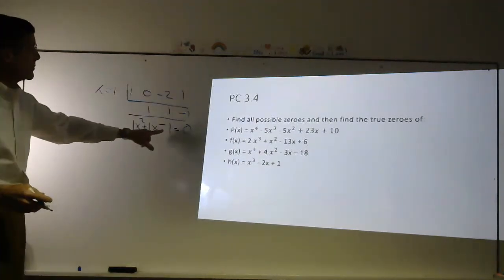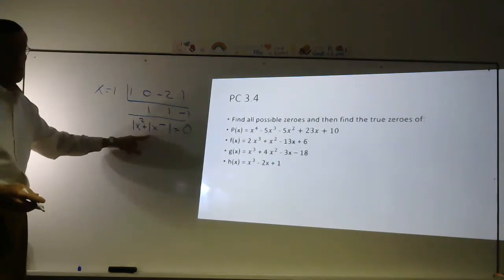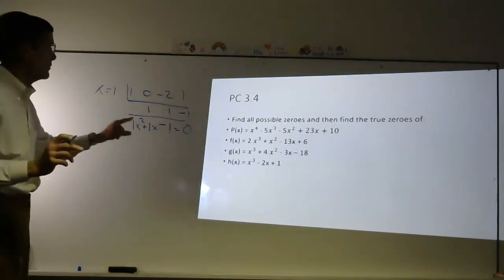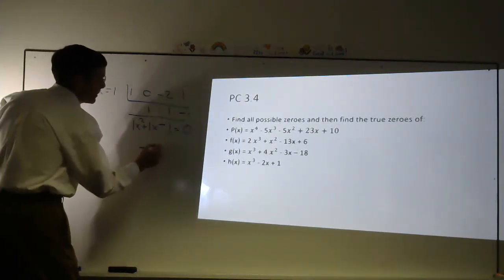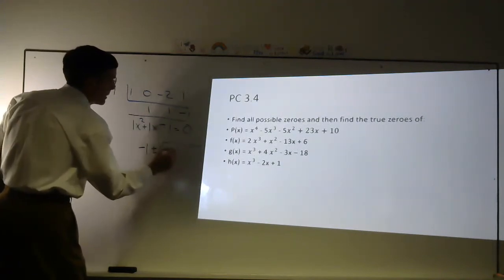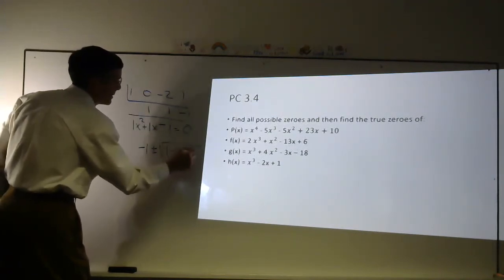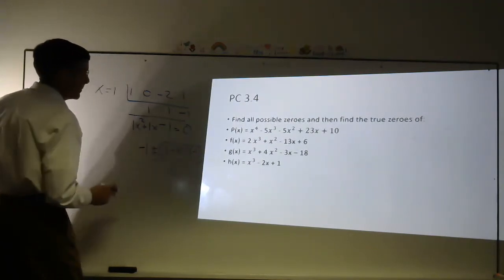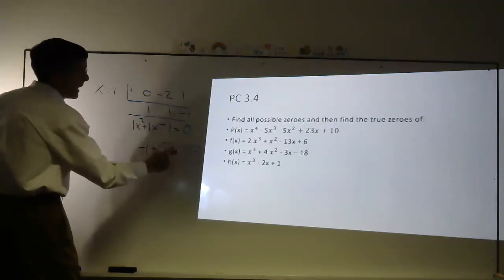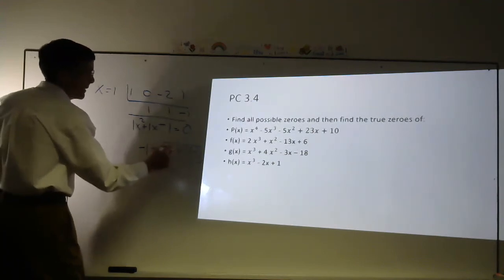Can you find factors of 1 that subtract to give you 1? No, you can't. 1 and 1 do not subtract to give you 1. You're going to have to use the quadratic formula: opposite of b, negative 1 plus or minus square root of b squared minus 4 times a times c, all over twice a, which is just 2. This becomes 5. 1 plus 4 is 5.